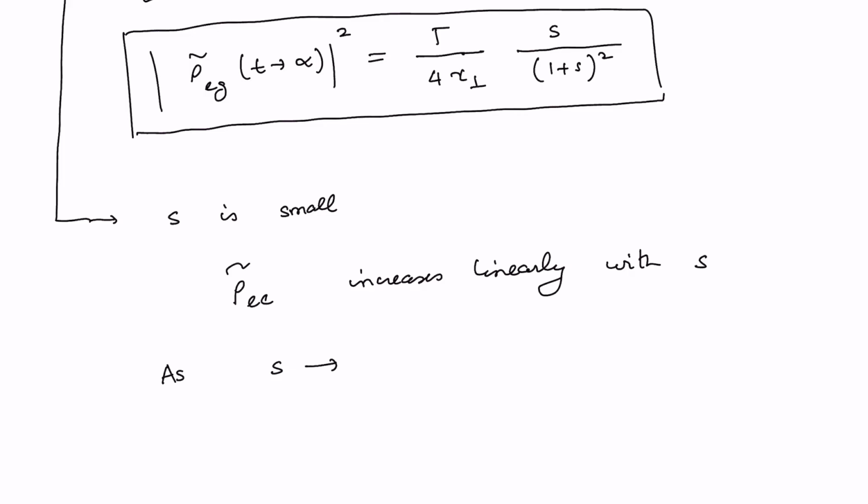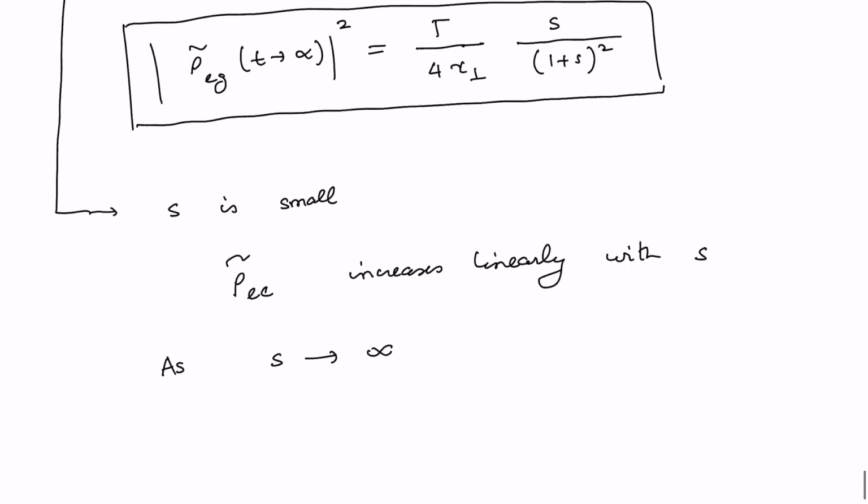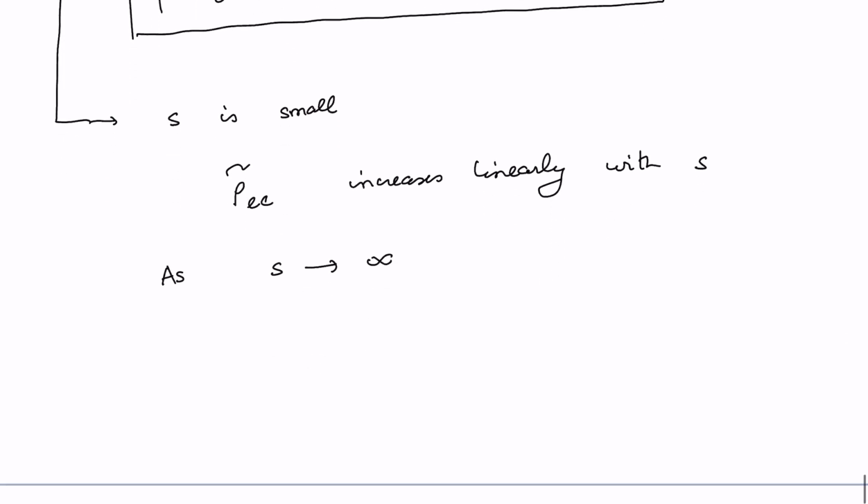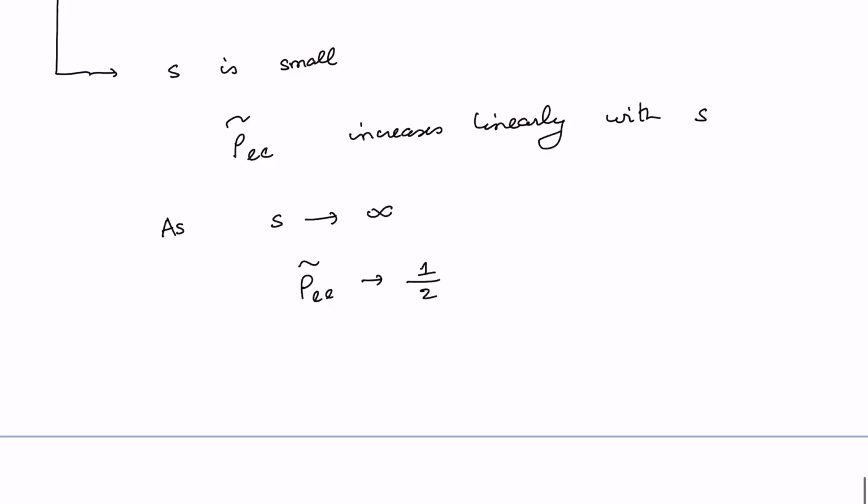However, as you can see, as S tends to infinity, that means if the intensity becomes very large, then you just look at these expressions once again, you will see that for very large intensity, that means S tends to infinity, rho tilde EE tends to half. And what it means? It basically means that the largest excitation which is possible when intensity is too large is half the population.